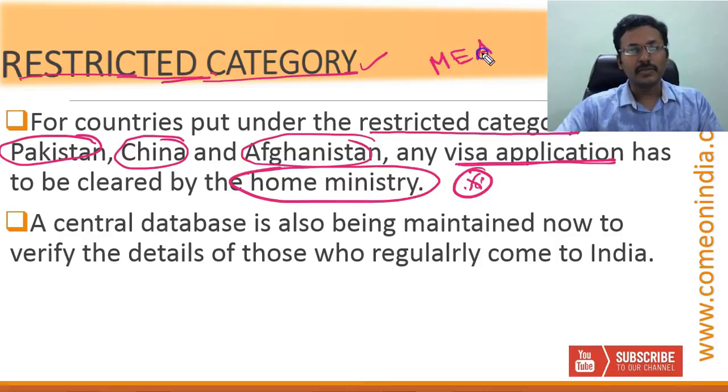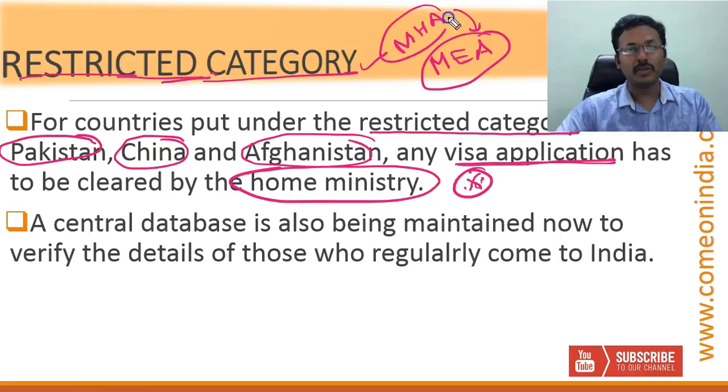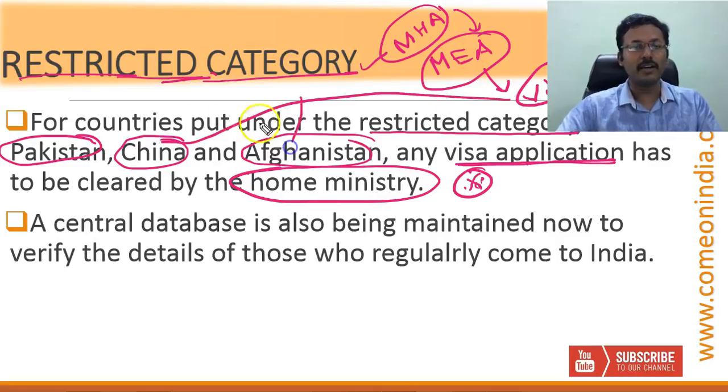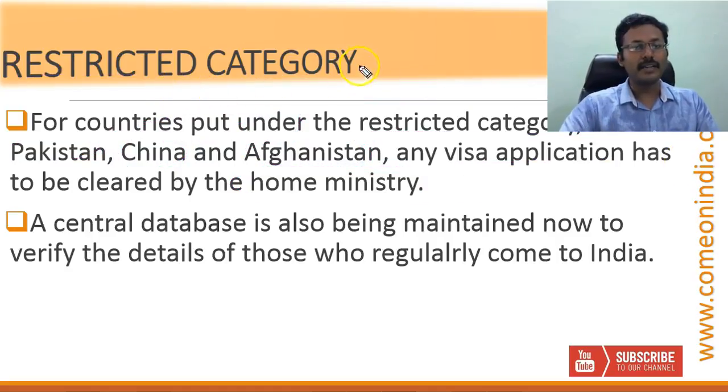In this case, it's the Ministry of Home Affairs that gives permission to the Ministry of External Affairs to issue visa to the persons who are visiting from China, Afghanistan and Pakistan, because these countries are placed under restricted category. Central government also maintains a database to verify the details of the persons who are regularly coming to India from these countries.